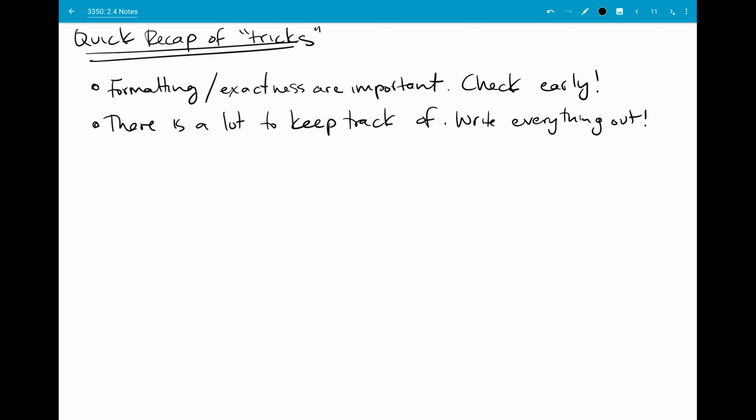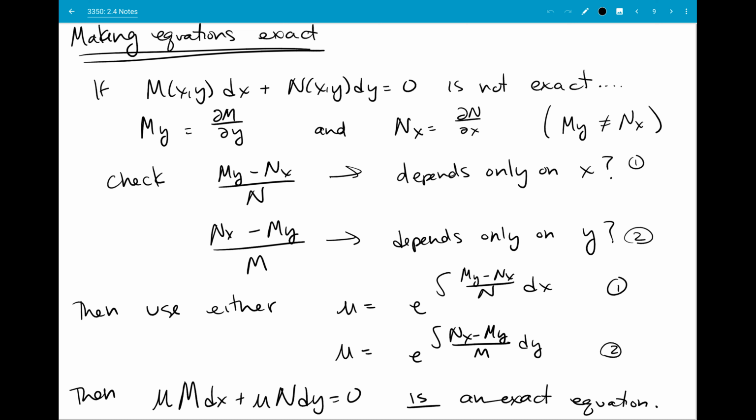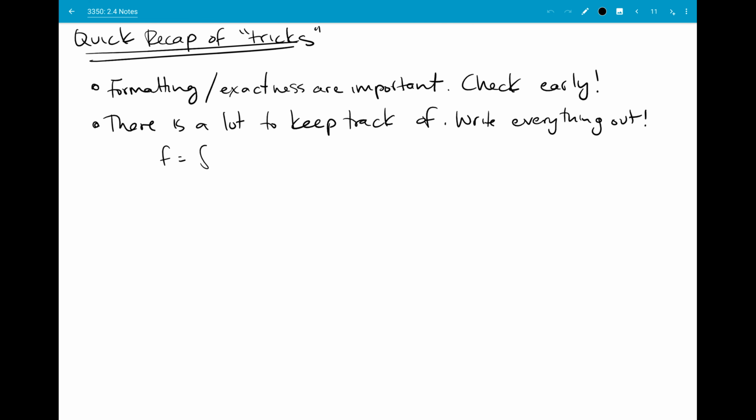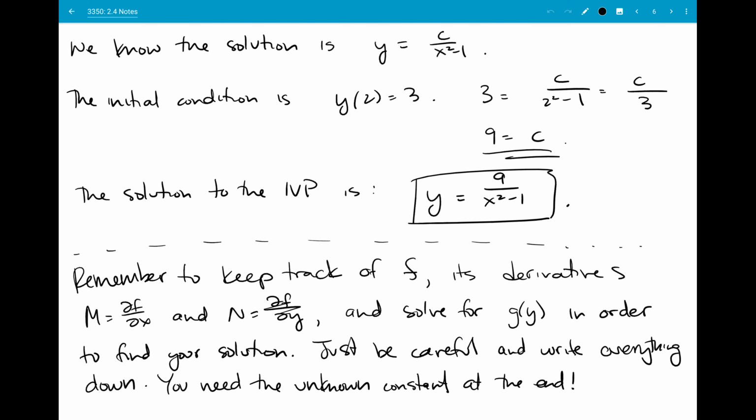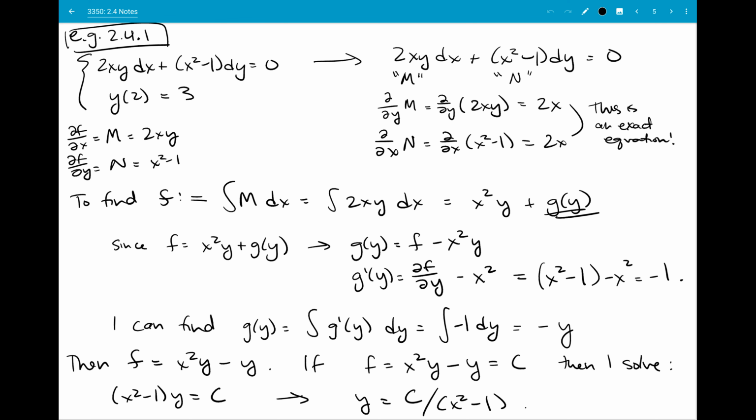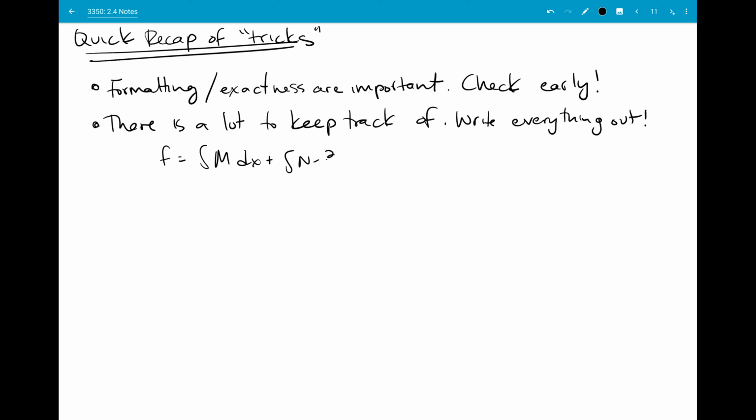If you try to jump right to f is equal to the integral of M dx plus that big gross formula for g, the integral of N minus d dy integral M dx, and do that all in one line, that's not good.